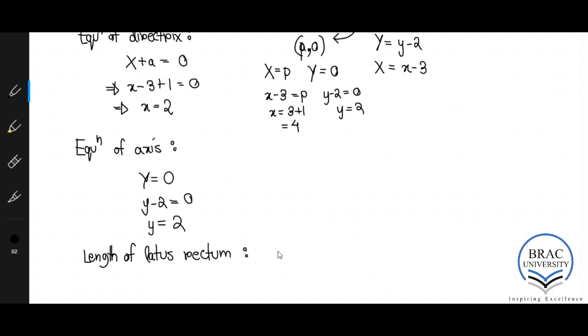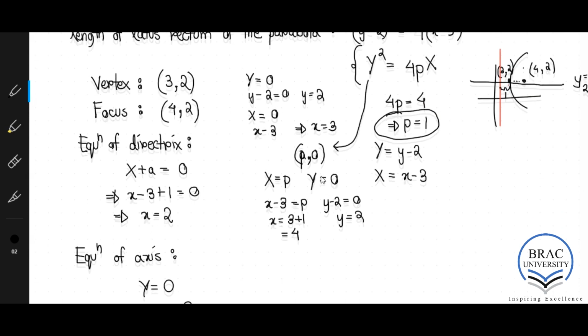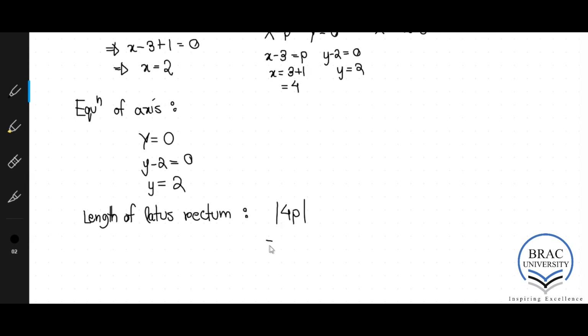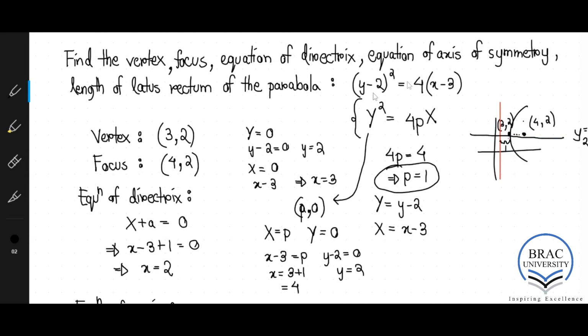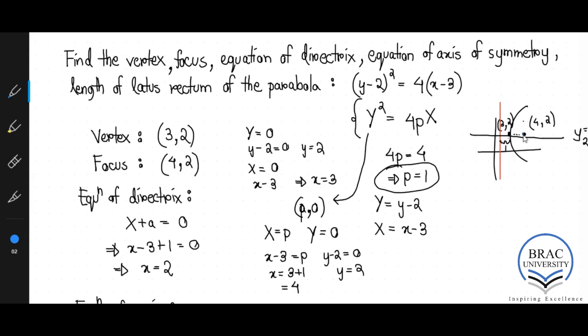This is, if you remember, 4p, and our p value here was 1. So let's just use that. 4 times 1. This is not a negative value, so the length of the latus rectum is 4. If we wanted to look at that on the diagram, from here to here, this whole length is 4.